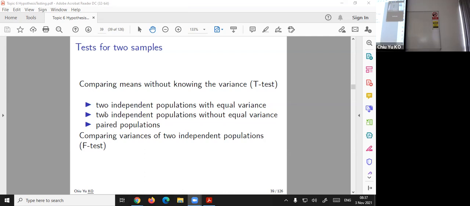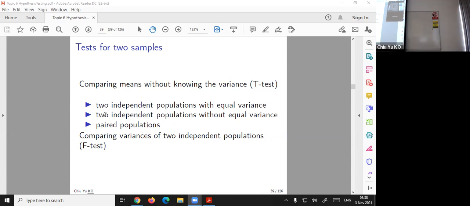So for example, you try to look at the effect of medicine, right? You take one subject and do the measurement, and then maybe give him or her some medicine or some vaccine. And after the treatment, you try to do it again. So for the same person, you have two observations, okay? So the two observations should be correlated, right?